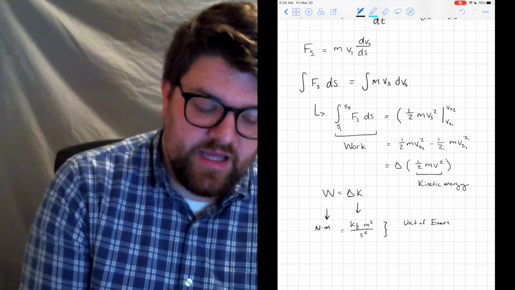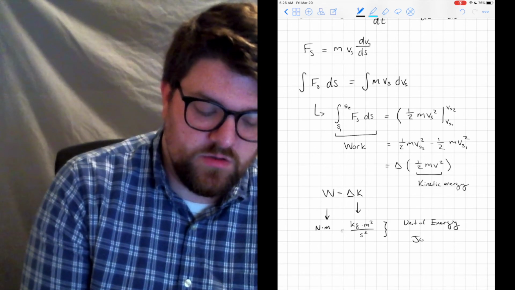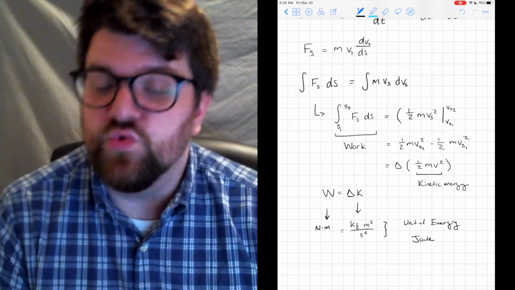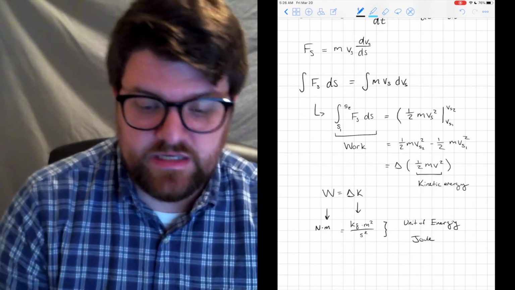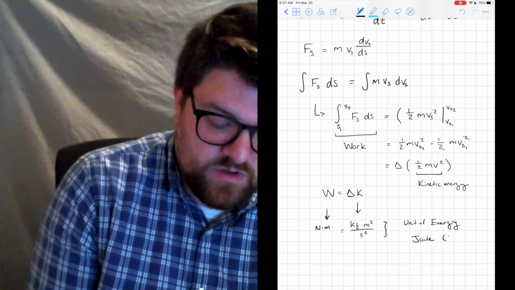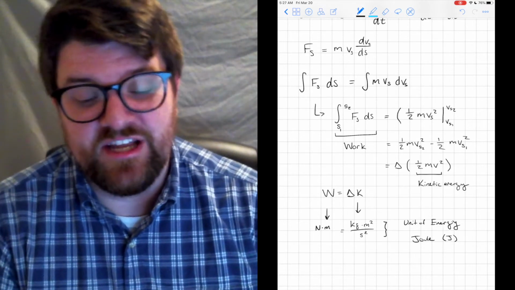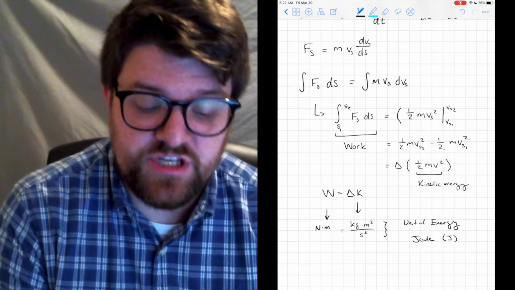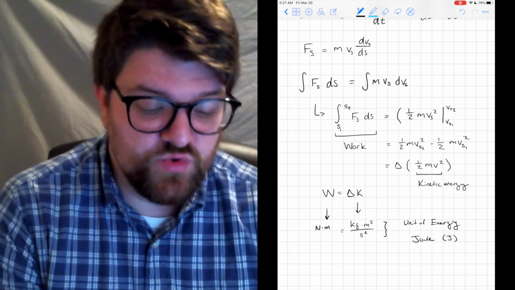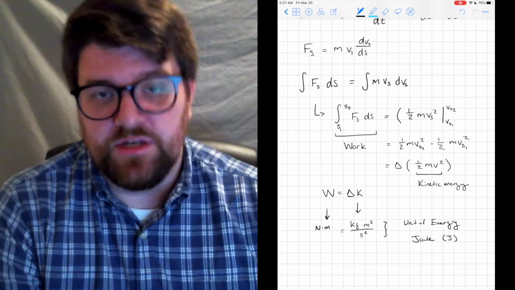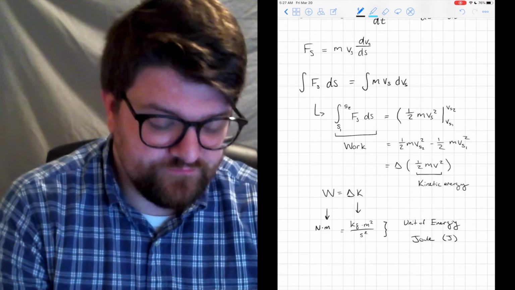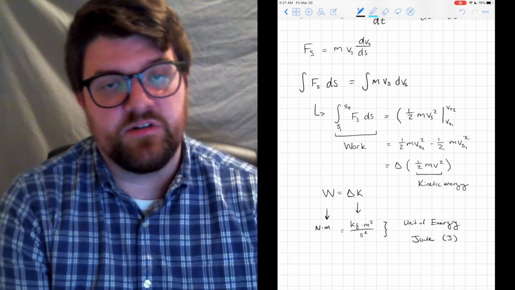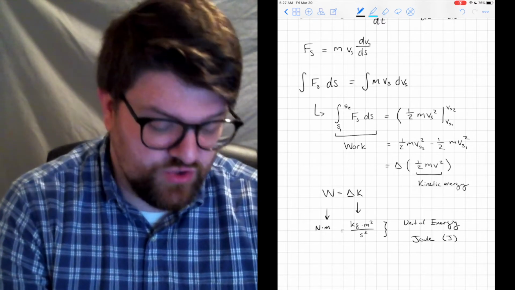We're going to call it a joule. So a joule is our basic energy unit. We're going to simplify it with an uppercase J. For our class, this is our base unit of energy. And so a joule per meter is going to be a Newton, and kilogram meter squared per second squared is going to be a joule.